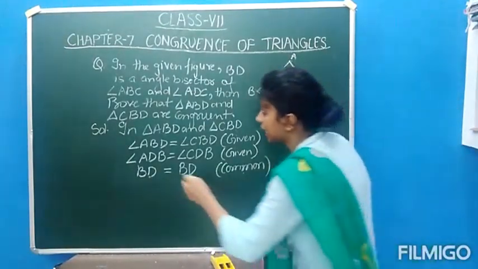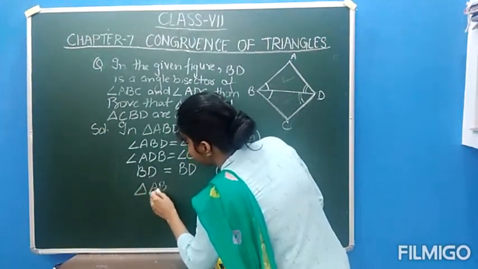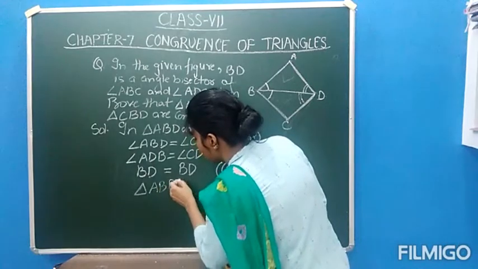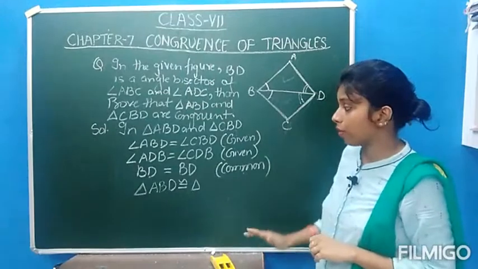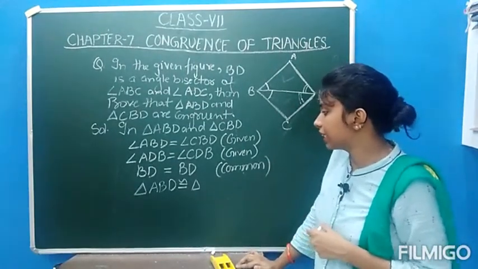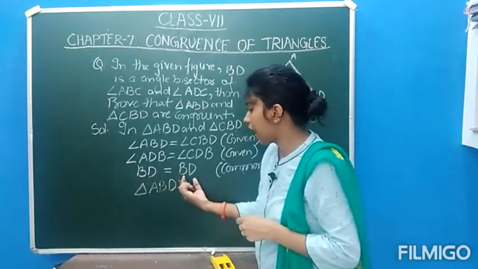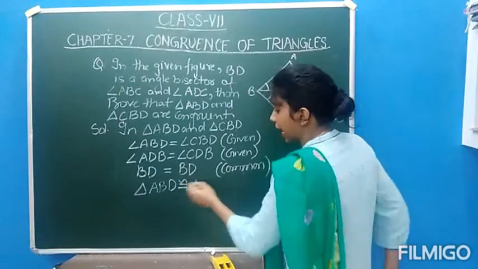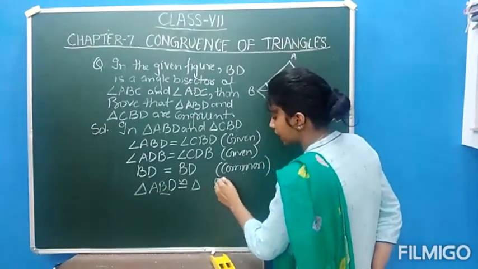So we can say that triangle ABD is congruent to the triangle. Let's write it in a proper way. We must write the corresponding sides with each other. Here we have side BD and BD, and BD is at the end, so BD must be at the end.